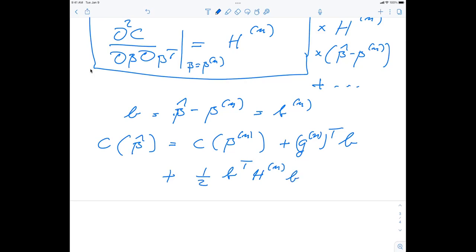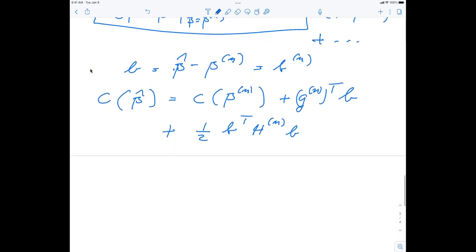So remember now that b depends on n as well, because it depends on the parameter beta of iteration n.